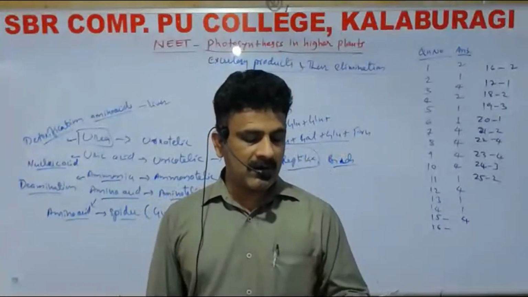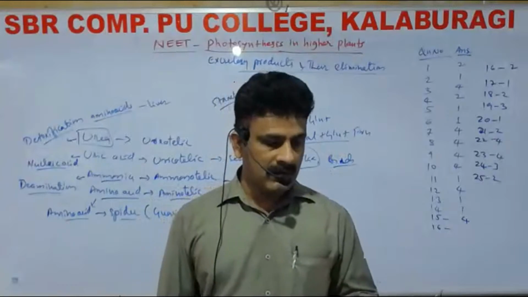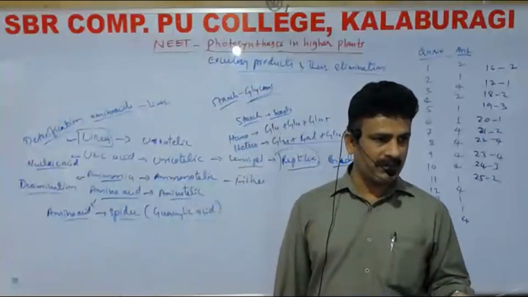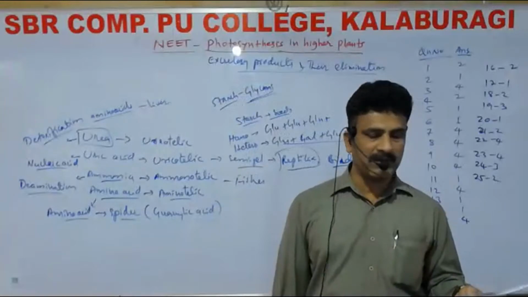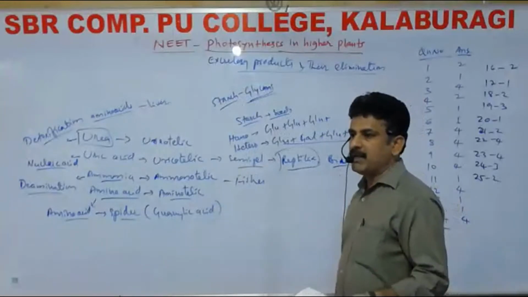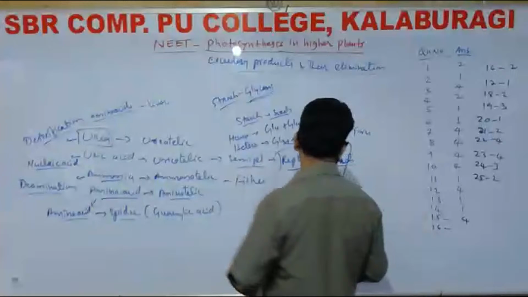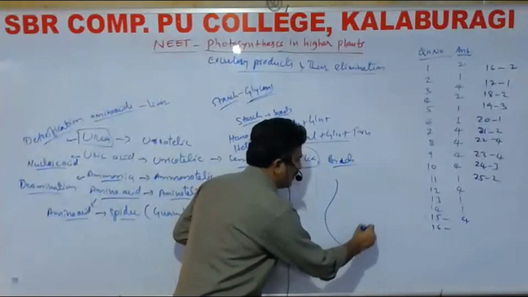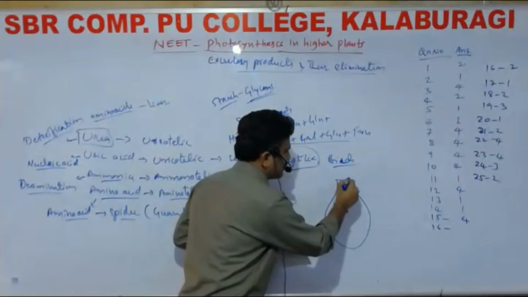The flame cells are the excretory structures of the flatworms. That is, platyhelminthes individuals, especially Taenia solium, mainly possess one excretory structure called the flame cells.